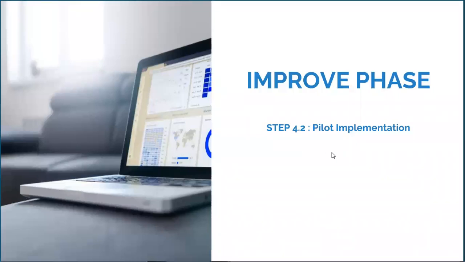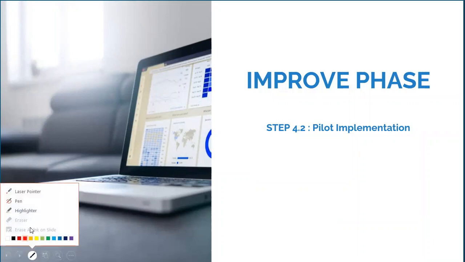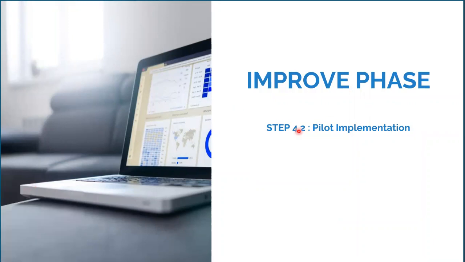Step number 4.2, pilot implementation. Improve phase, step number 4.2, pilot implementation.